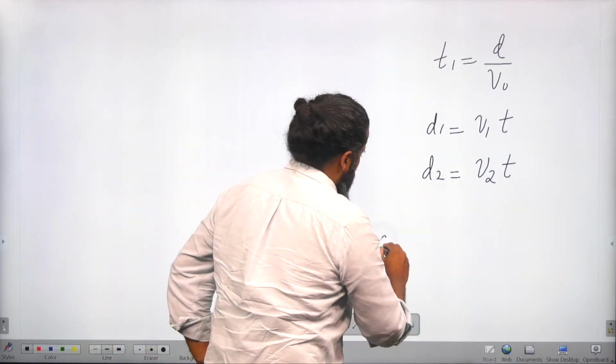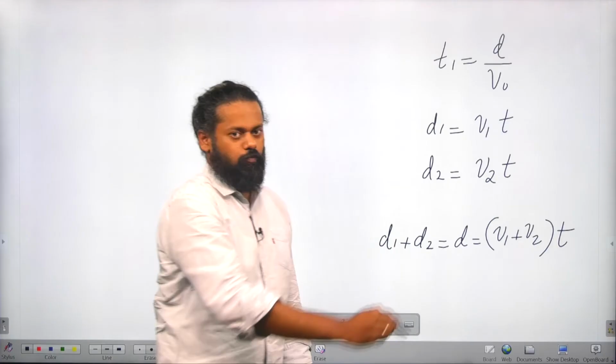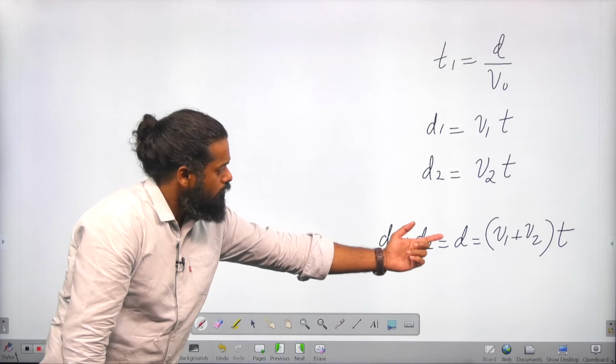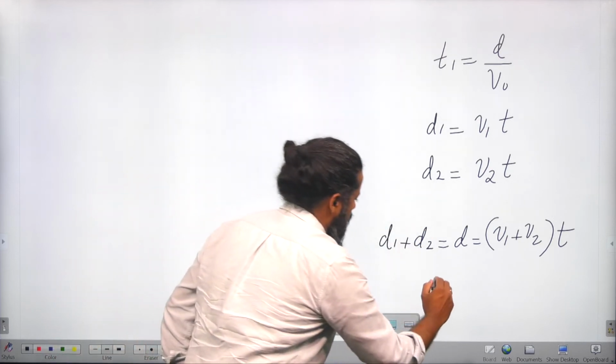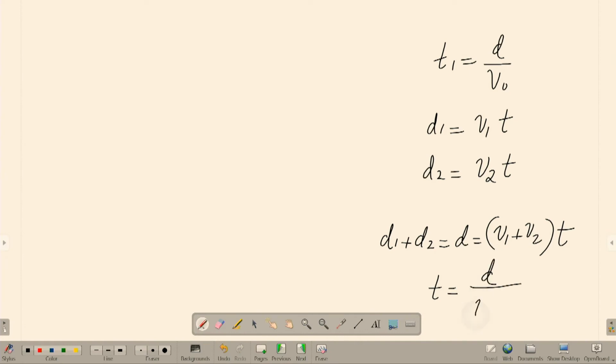And you know that d1 plus d2 is equal to d, which is equal to v1 plus v2 multiplied by time t. From here we can find the time. The time taken is going to be d divided by v1 plus v2.